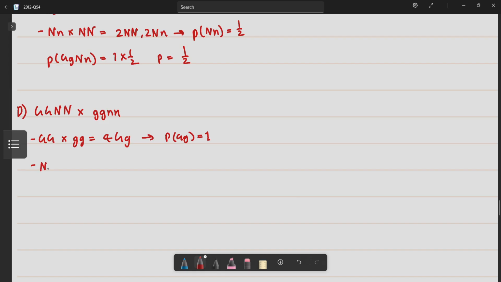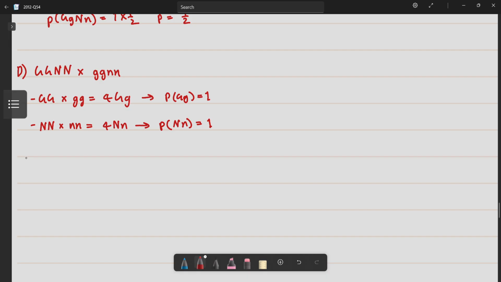Similarly for the other gene, there are four of these genotypes, so the probability is also 1. We multiply 1 and 1, which gives 1.